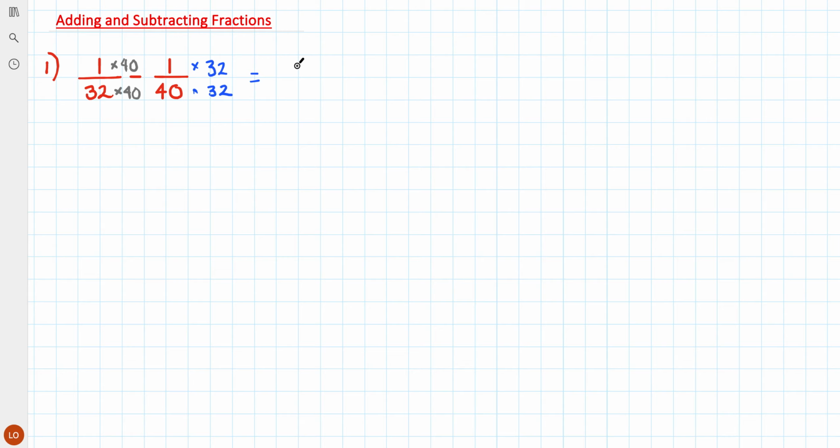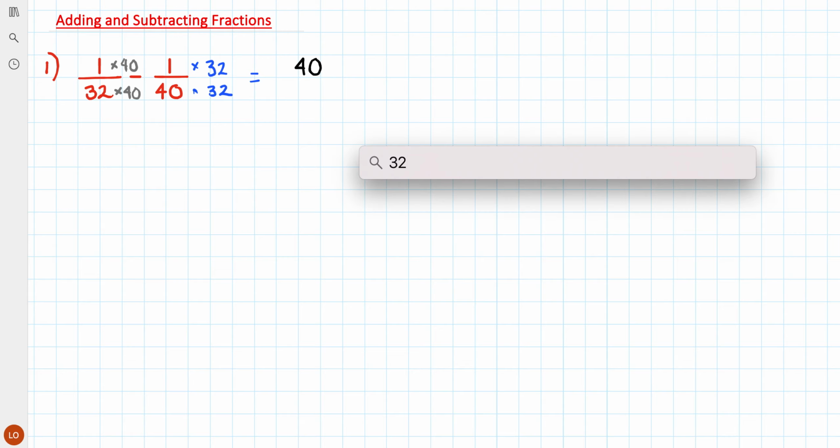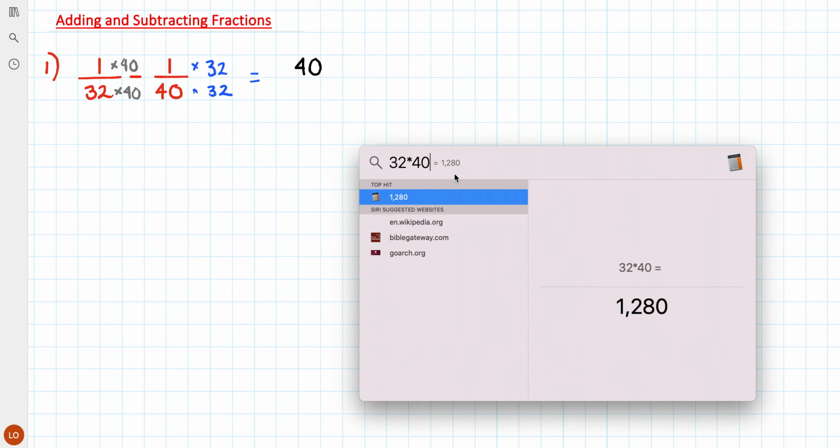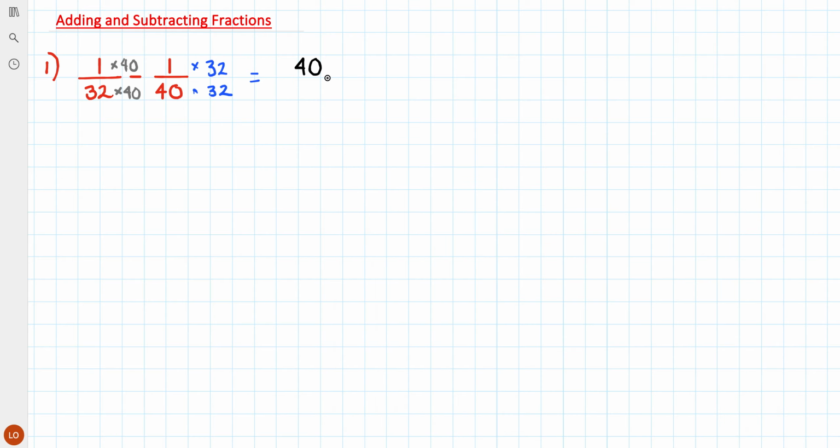It's going to be 40 and then 32. I have no idea what 32 times 40 is, and I don't want to think. So it's 1,280, take away 32 over 1,280, and then this is equal to 8 over 1,280, and then we have to simplify this fraction.